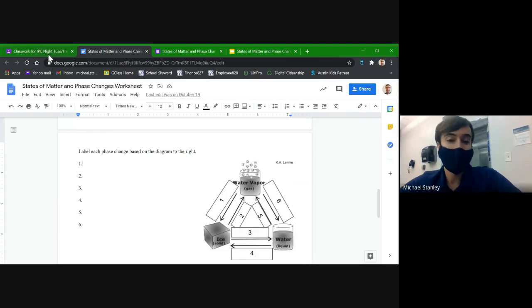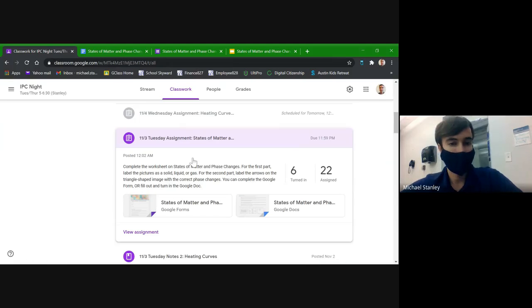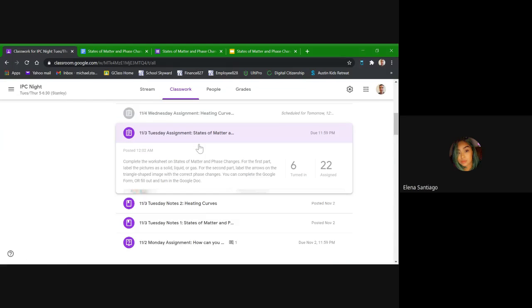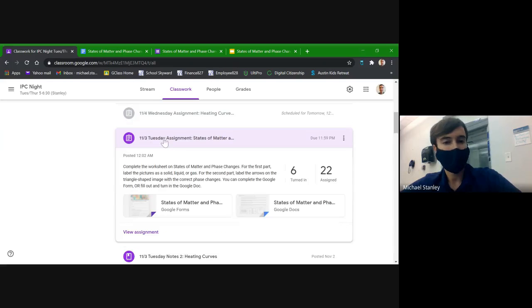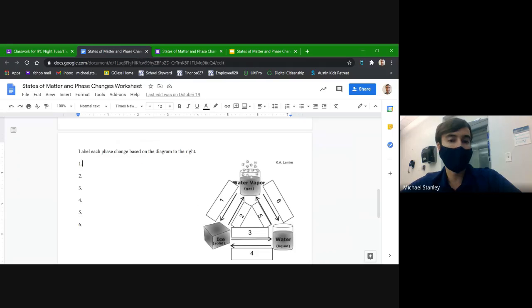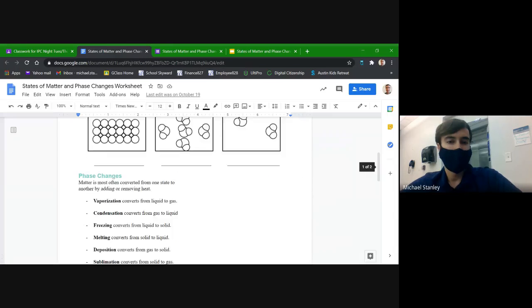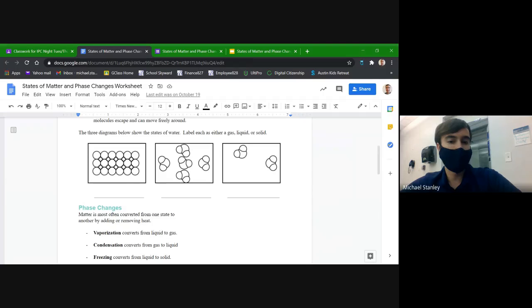All right, any questions about the Tuesday assignment? The pictures on the top, do we have to label them? Yeah. On the Google Doc version, you can write the labels directly underneath the pictures.